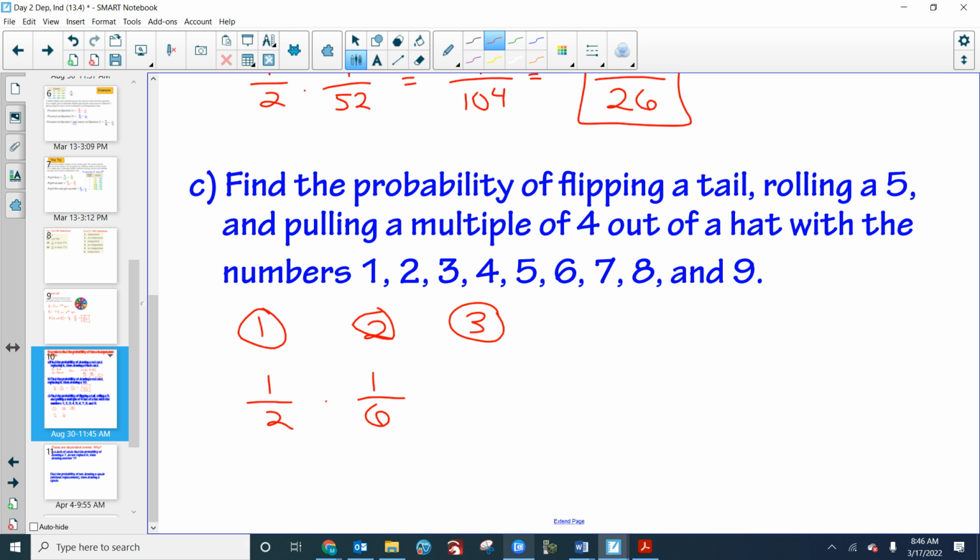So how many multiples of 4 are there? 4 and 8. So what are the chances that you draw a 4 or an 8 out of that hat? 2 out of 9. All right, let's go ahead and multiply these and see what we get. 2 out of 108 or 1 out of 54?